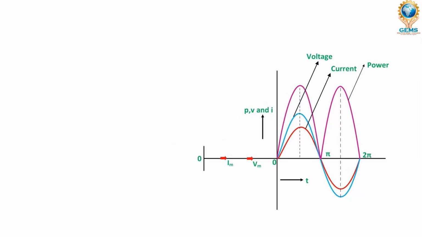Power equals voltage into current, where V is the voltage and I is the current.